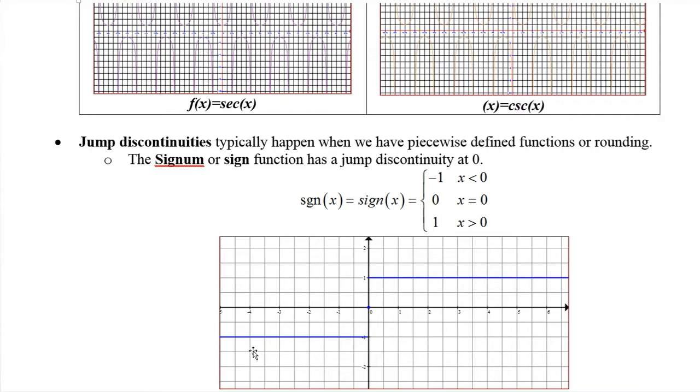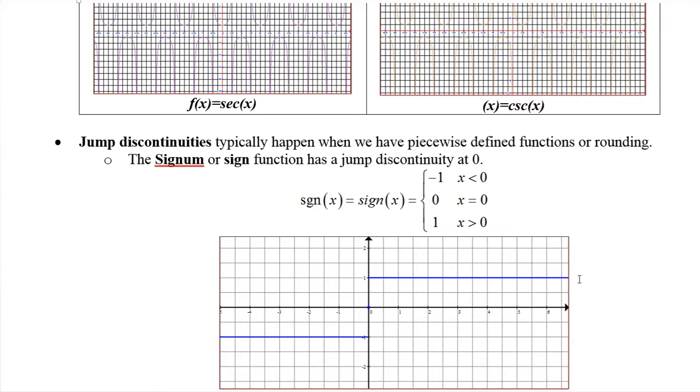Well, if you graph that, look what you get. You get a horizontal line at -1, with an arrow to the left, and an open dot at 0, -1. Then when x is 0, it jumps up to a solid, isolated point at 0, 0 at the origin. You have an open dot boundary point at 0, 1, and from there it goes on the horizontal line y equals 1 to the right, with an arrow on the right.